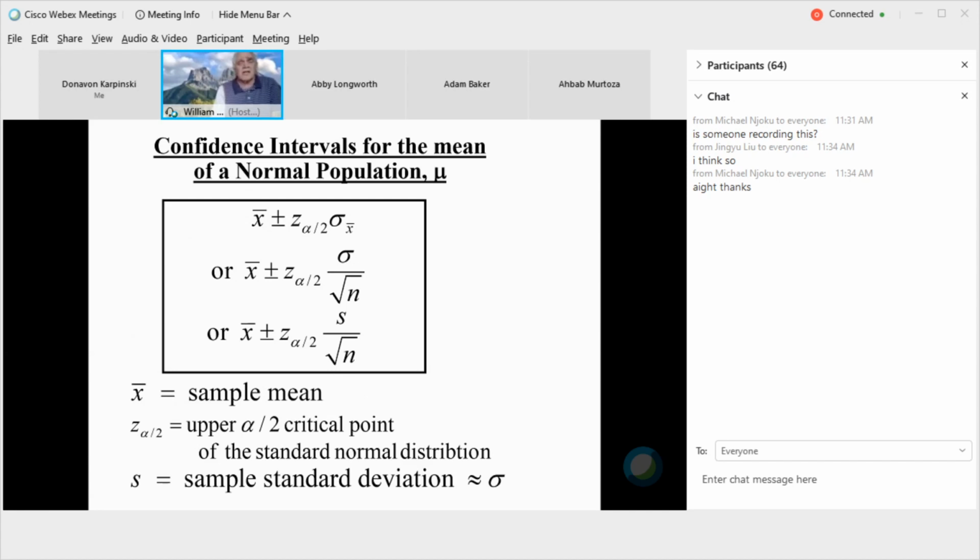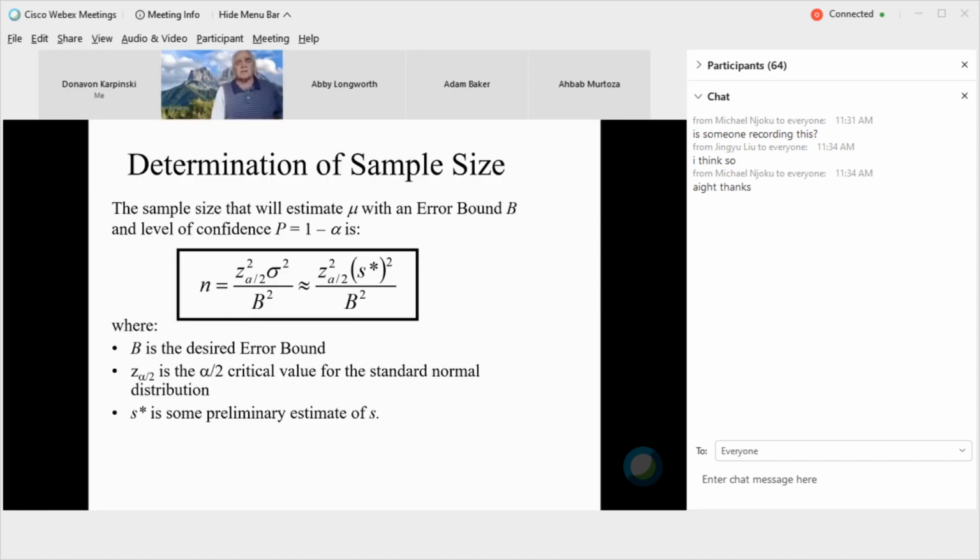So sigma could be known in that case. If sigma is not known, you have to replace it by s. This is not a big problem if the sample size is large. There's the formula for the value of n that will give you an error bound of b, level of confidence 1 minus alpha. Again, if there's a lot of variability in the population, if sigma is large, you'll have to choose a larger sample size.